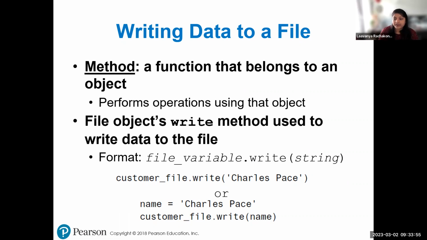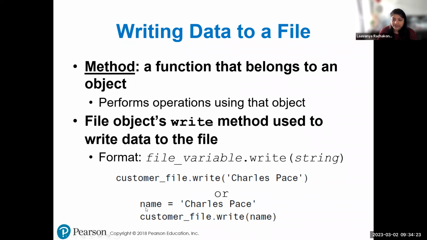So you have your file object, that is a file variable, dot write and the string. From the previous file, customer file dot write, and the string. So once this statement is executed, your customers.txt will have Charles Pace as one of its data.